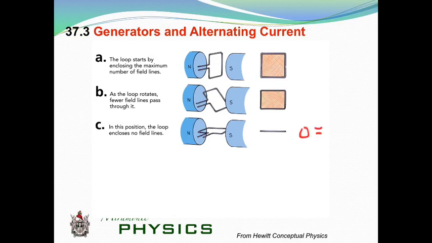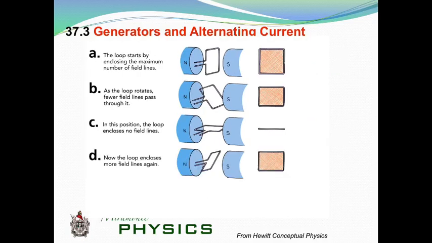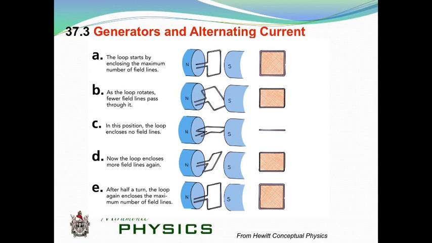So this is the flux. It's gone from up here, where it is max, down to here, where it is 0. And then it opens up again, and you get more, and then it goes back to the maximum. So you have this cycle from maximum here, to minimum here, back to maximum here. And it's just going to continually change.